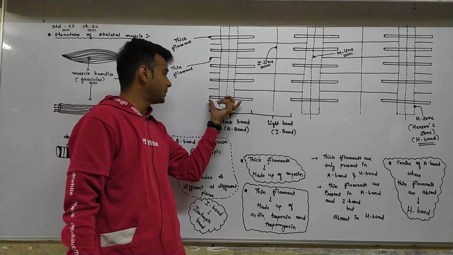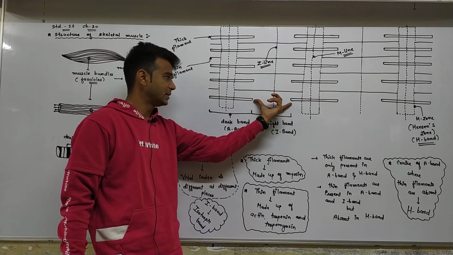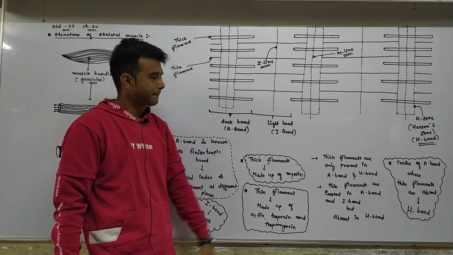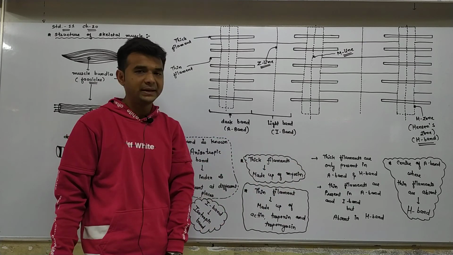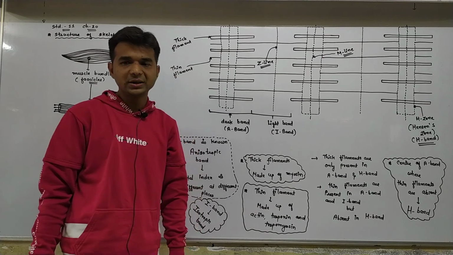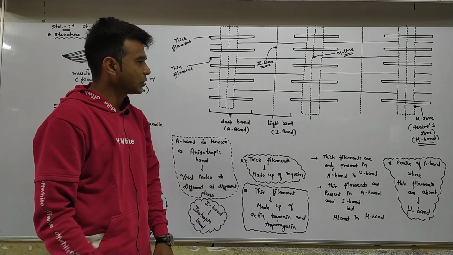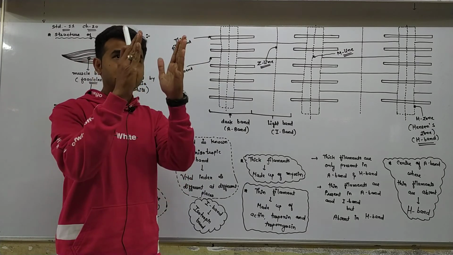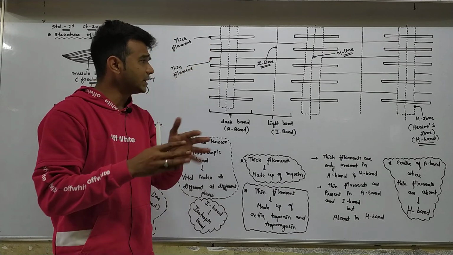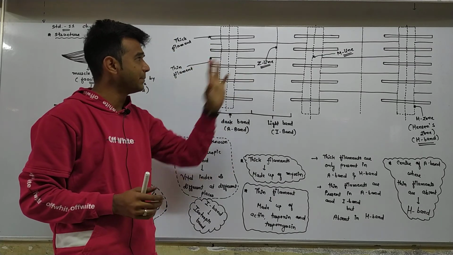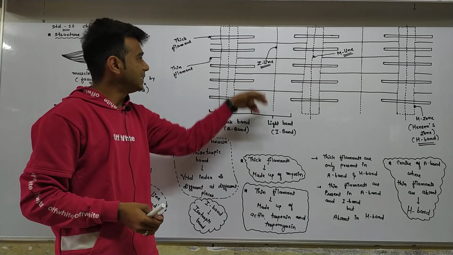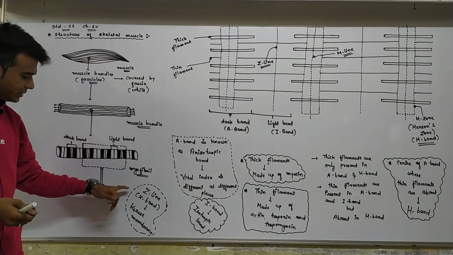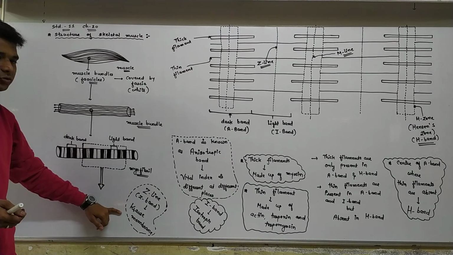So thin filaments are present in the A band as well as the I band, but absent in the center of the H band. That region is known as H zone or Hansen's zone, or H band. The center of the H band is known as M line. The middle line in the I band is known as Z line. So Z line is known as Z band or Krause membrane.